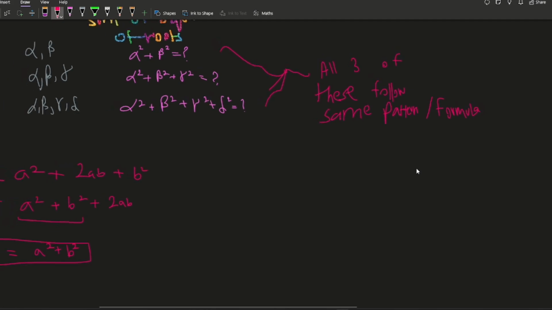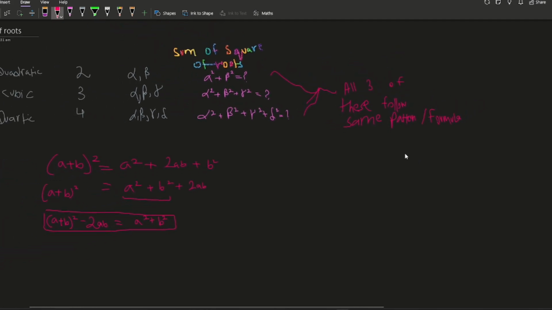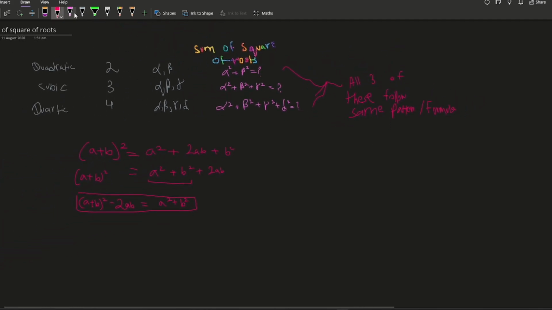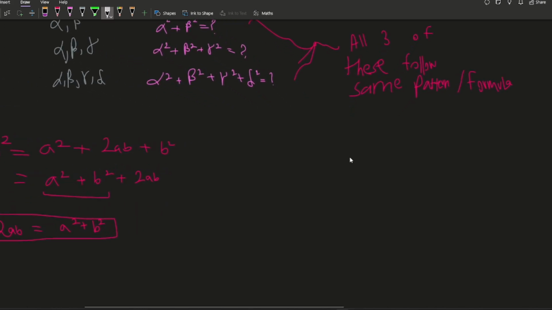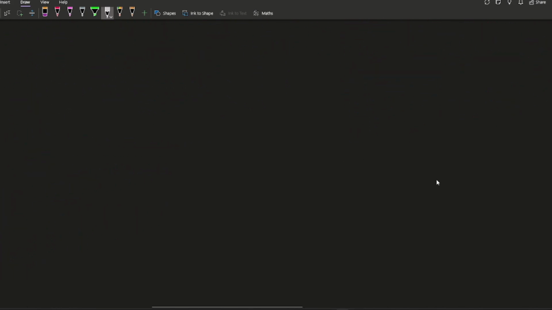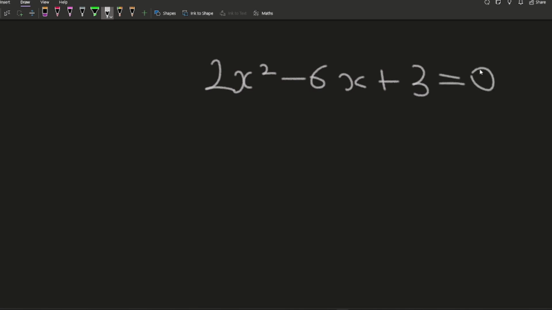We will learn how to derive that pattern or formula by taking a quadratic equation as an example. So for instance, we have 2x square minus 6x plus 3 equals 0 as a quadratic equation. Let's say that this quadratic equation has two roots, alpha and beta.